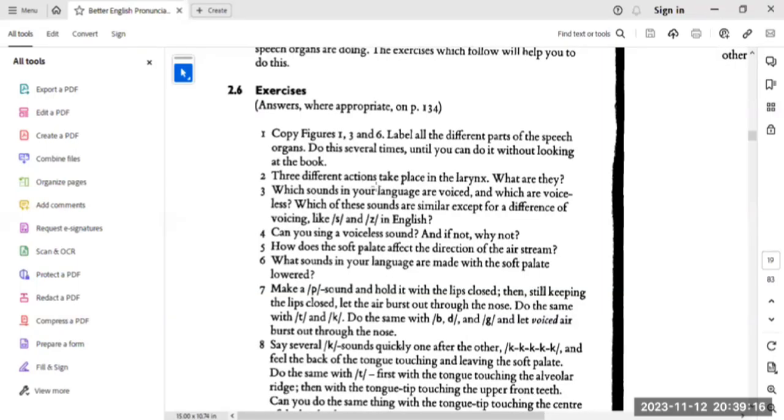Three different actions take place in the larynx. What are they? Can you repeat?